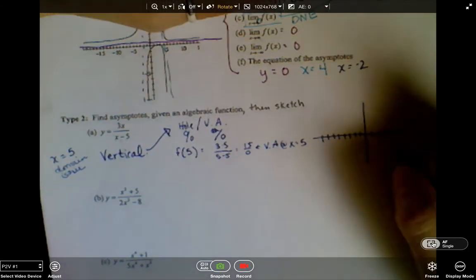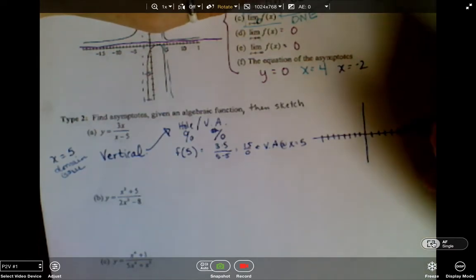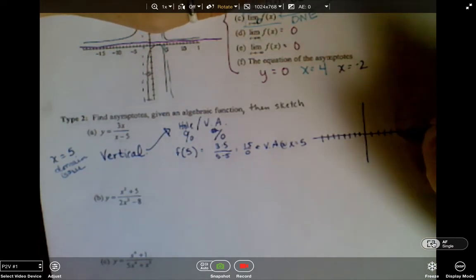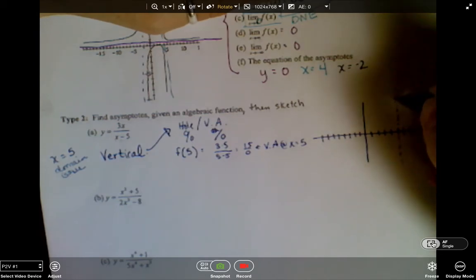So 1, 2, 3, 4, 5. Got a vertical asymptote.